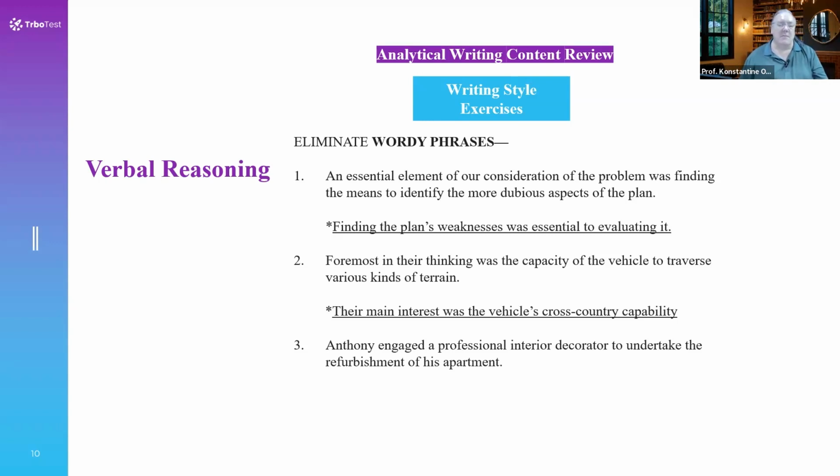Think for a minute. I'm going to pause just for a minute. How would you rewrite that? What would you do to make it clean? It's got to convey the same idea, but we can get rid of all the extra words. If you said Anthony hired a professional interior decorator to redecorate his apartment, perfect. Nice, clean, concise.